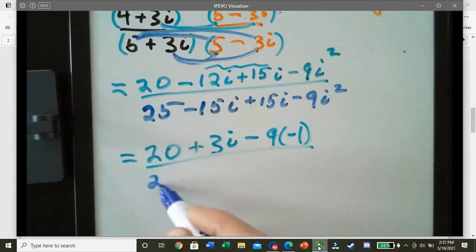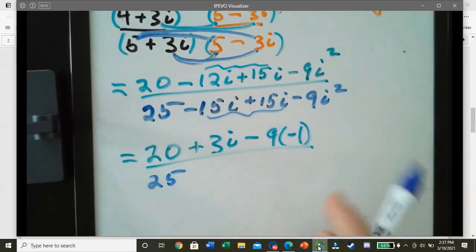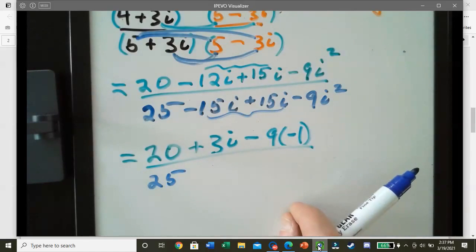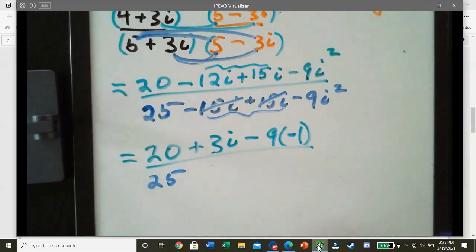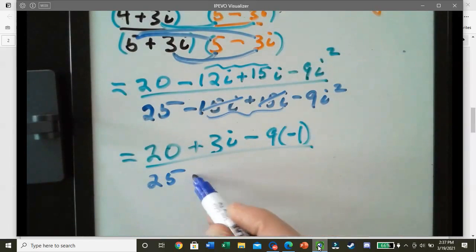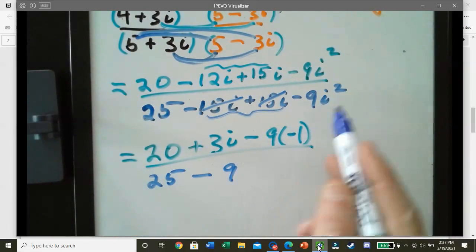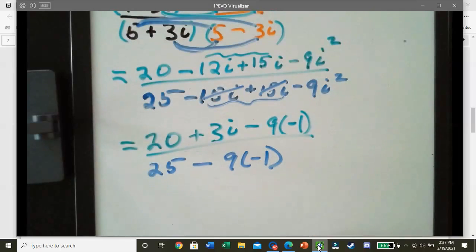Okay, let's look at the denominator. What can we combine there? 25. What happens to the 15i's? They cancel out. That's why we have to multiply by the conjugate. When we multiply the conjugate, the i's cancel out. So it's minus 9i squared, which is a negative 1, right?